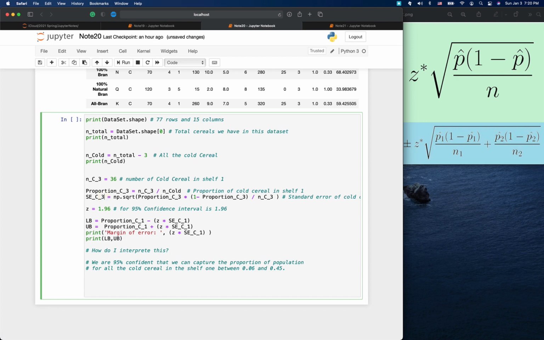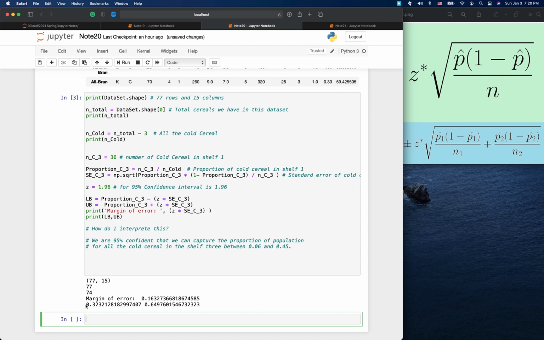Standard deviation will change, and we are going to use the 95% confidence interval. And what else? The proportion 3. And then here I'm going to talk about shelf 3. Okay, let's see. I hope I removed all of this.